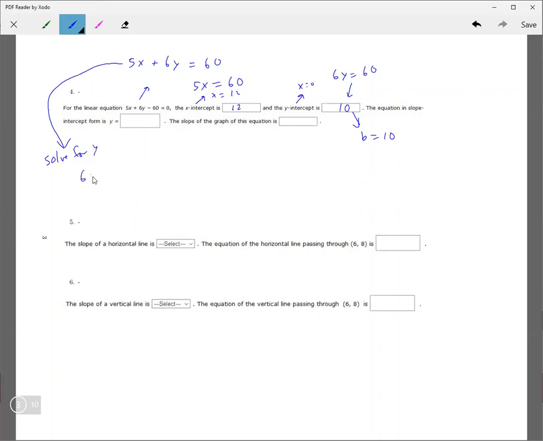Take this 5x to the other side, and then divide by 6. That's going to be the answer to that one. y equals negative 5/6 x plus 10 is what you get right there. And then the slope is negative 5/6.